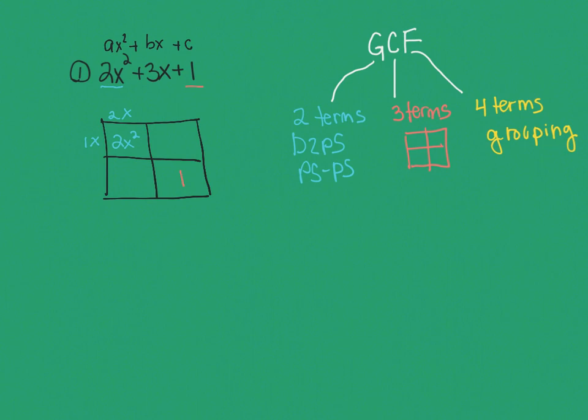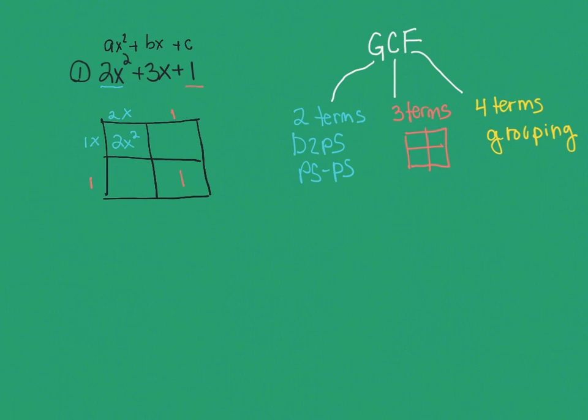If this was a number that had multiple sets of factors, we would have to go off to the side and figure out all of those factors. But we don't have to do that this time. A 1 can only be a 1 times a 1. Now, it could be a -1 times a -1, but I will have to work that out with my middle term to see if that comes out correctly.